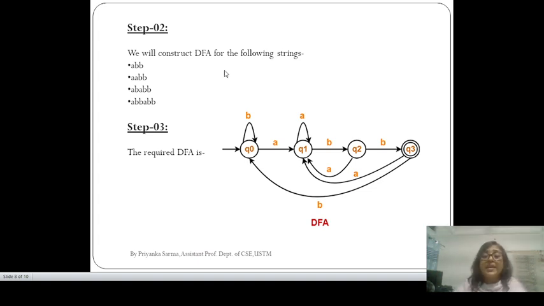Now whether this DFA will accept these strings or not, we have to identify.